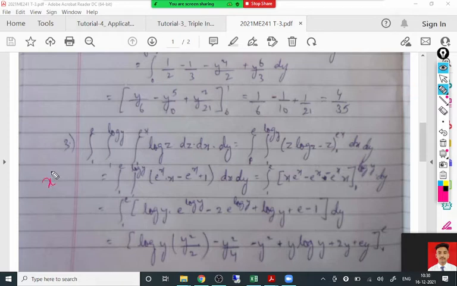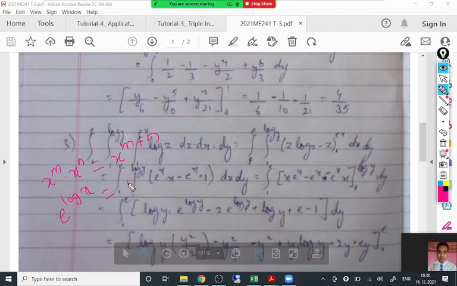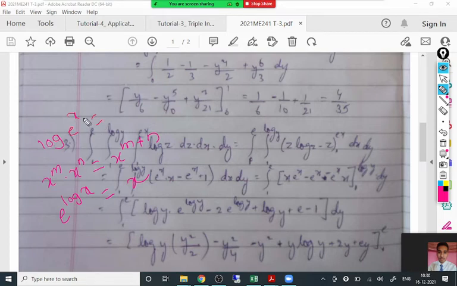What will happen if you have x raised to m into x raised to n? Yes, anyone? x raised to m plus n. Okay, what is the value of e raised to log x? x. What is the value of log of e raised to x? x.